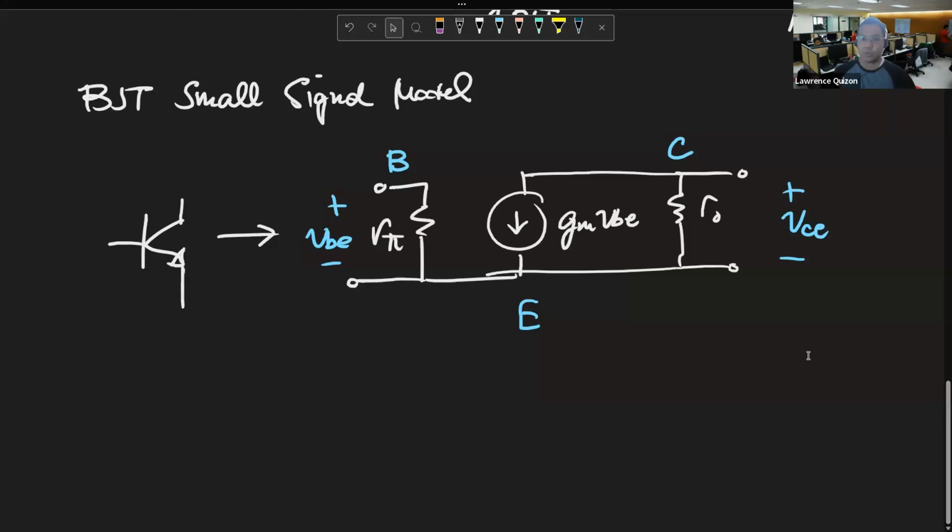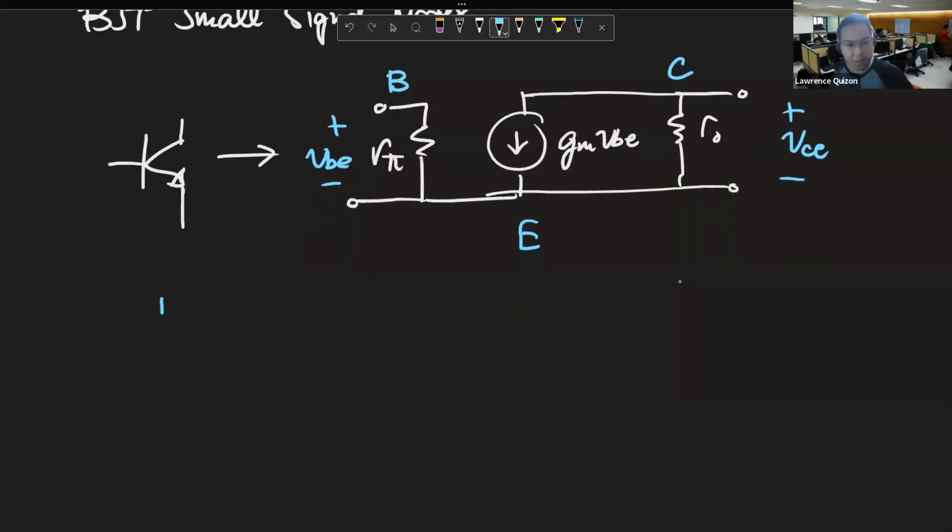Ano yung formulas? How do we get these? We get these via these formulas. R pi is, well, actually, before R pi, let's go for GM. GM is IC over VT. And this is your large IC from DC analysis, no?